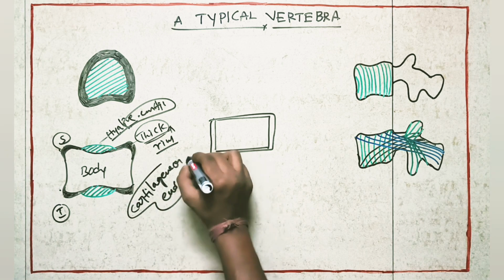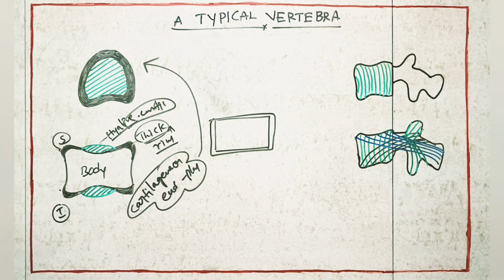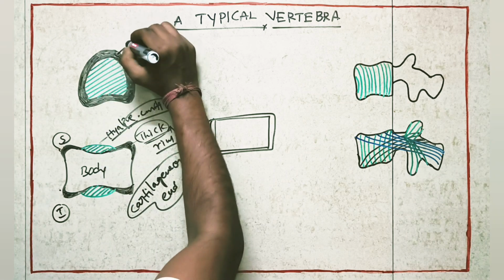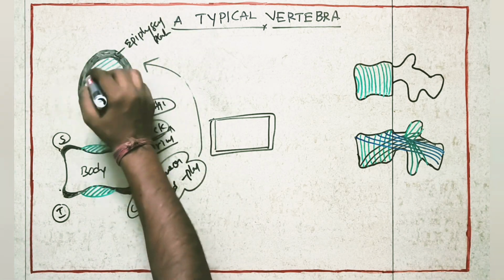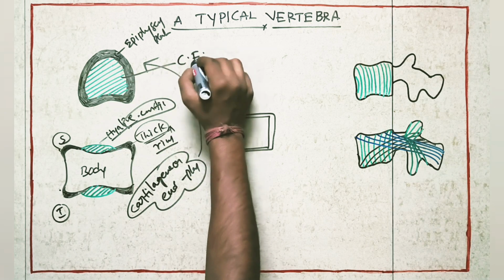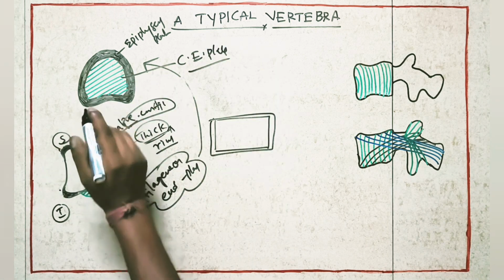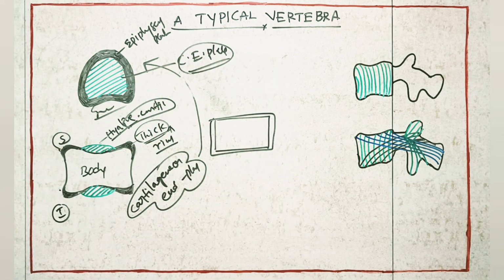So this cartilaginous end plate will look like this. Here this is the epiphyseal plate, and the portion present here is the cartilaginous end plate. This is the superior aspect of the cartilaginous end plate.